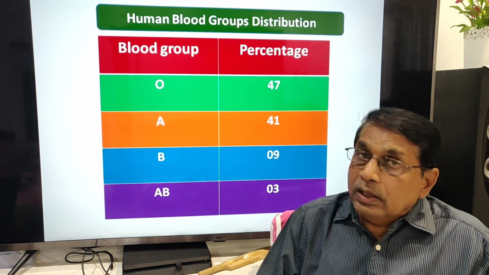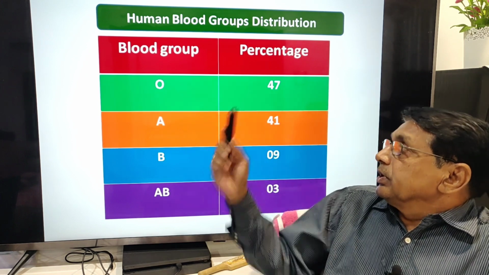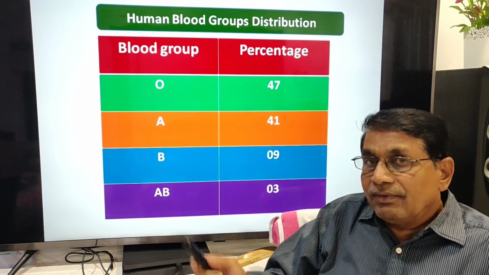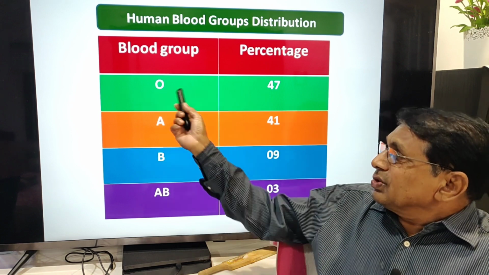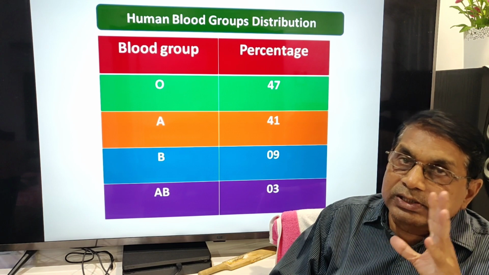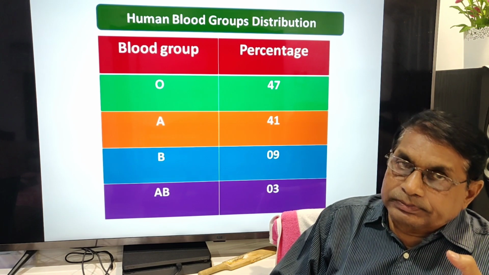Now, if you take the four blood groups, the percentage of O, A, B, AB people in our population throughout the world: most common are O group, 47%. They constitute 47% of the total population.